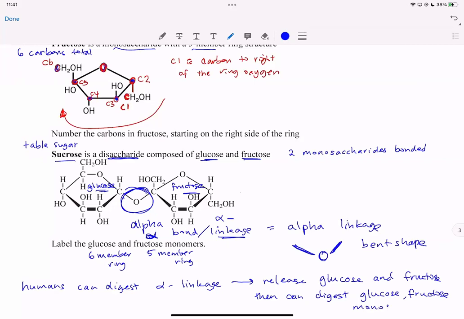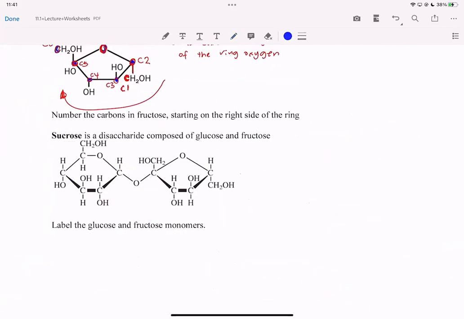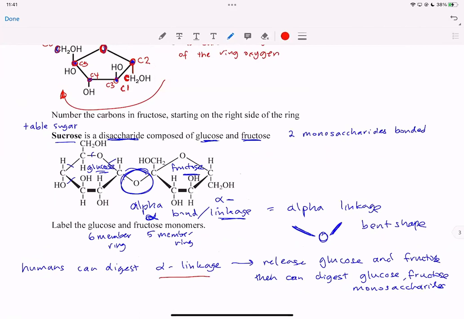monosaccharides. And what I mean by digesting is you can break those bonds, and when you break all those bonds, you get energy from those bonds. So it's going to become important in understanding that humans can digest the alpha linkage, which connects these two sugars.